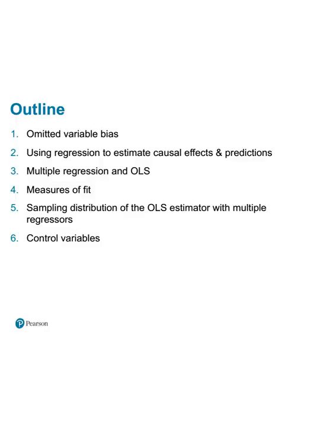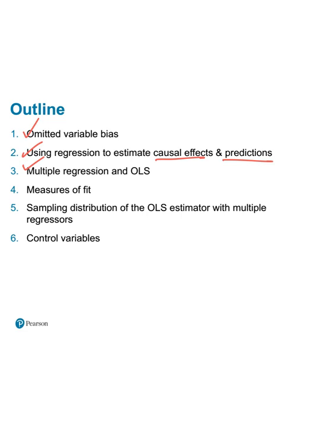Now, our agenda for today is going to be as follows. We're going to talk about omitted variable bias. We're going to discuss how to use the regression results to, again, estimate both causal effects and predictions. That's going to look very similar to what we saw in Chapter 4. We'll talk about the complications of multiple regression and OLS.